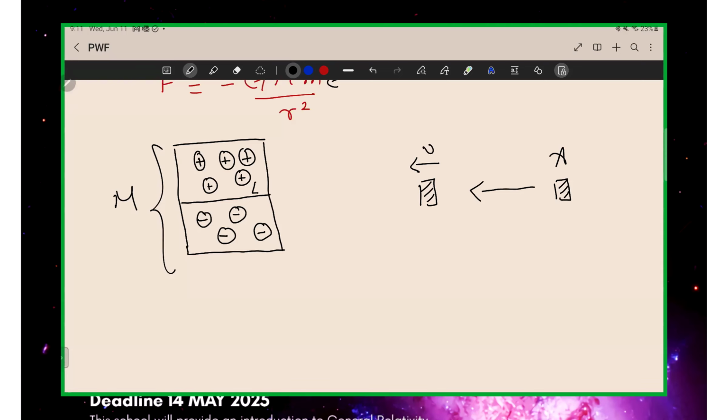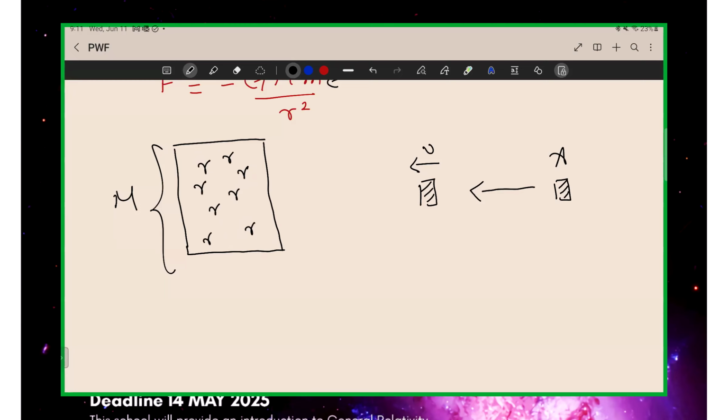If we remove this partition, these particles and antiparticles annihilate each other, and you get pure photons. I'm using the alphabet gamma because gamma is used for photons. We do know that when particles and antiparticles interact, they annihilate each other to give you photons.